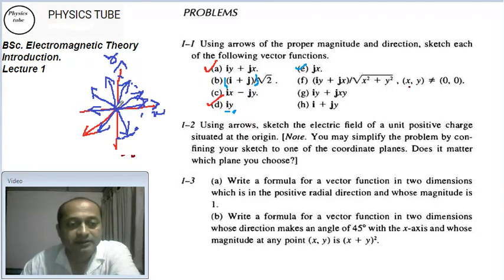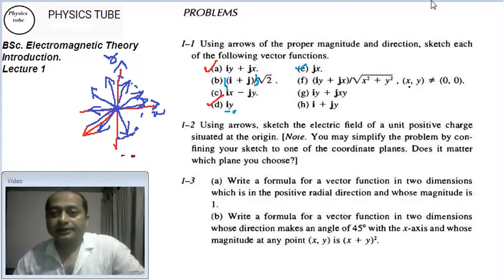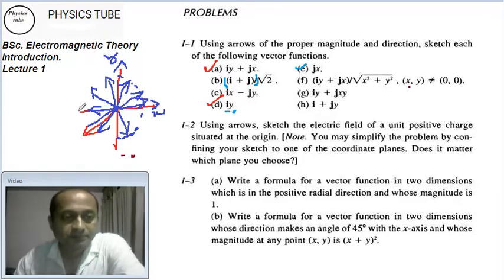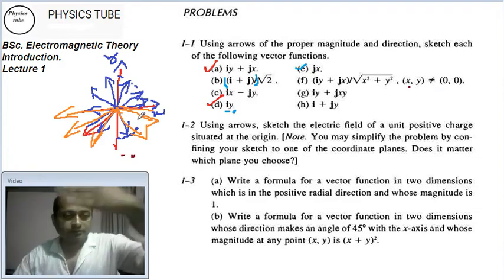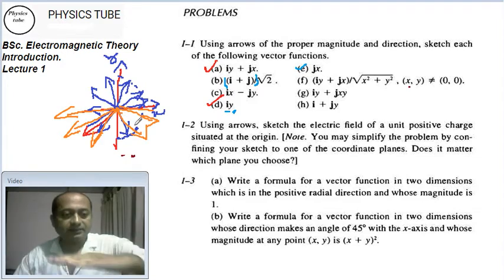Similarly, I can redraw it, change color and show you. I can have another field like this in another plane. What plane is this?